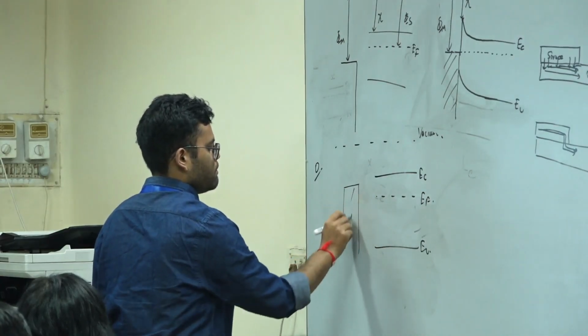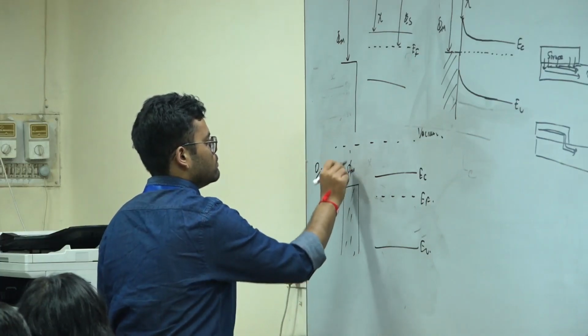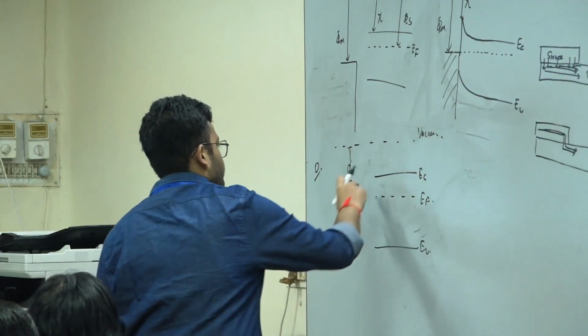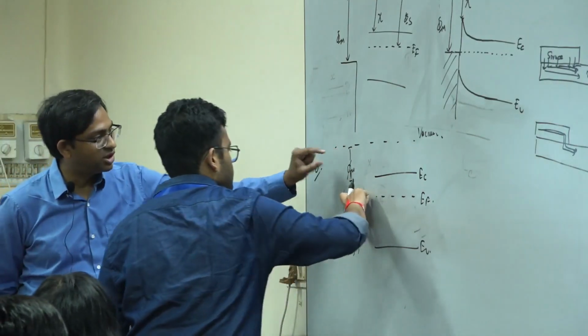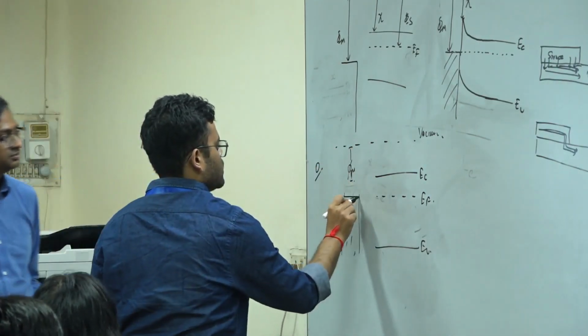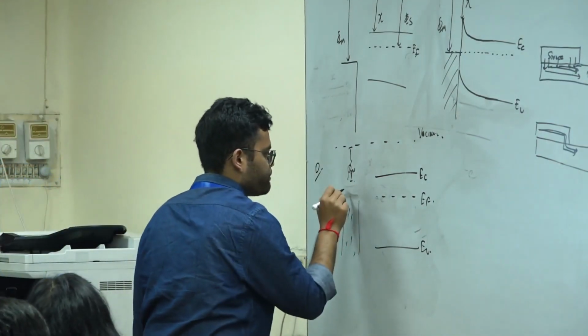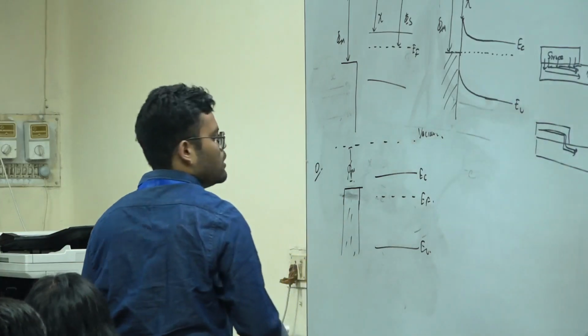Correct. Very good. Difference is there. I can clearly see the phi m is kind of smaller and your phi s is larger. I think you want to put it even higher. Yes, you have to put it even higher. But this is fine.